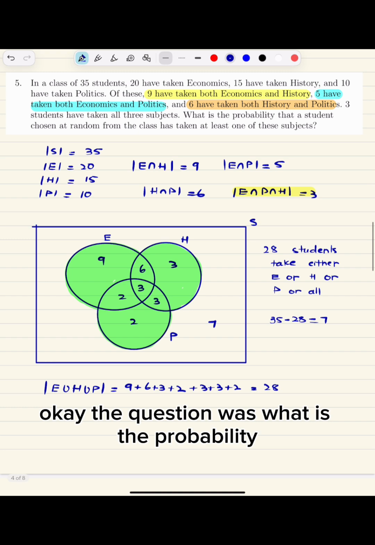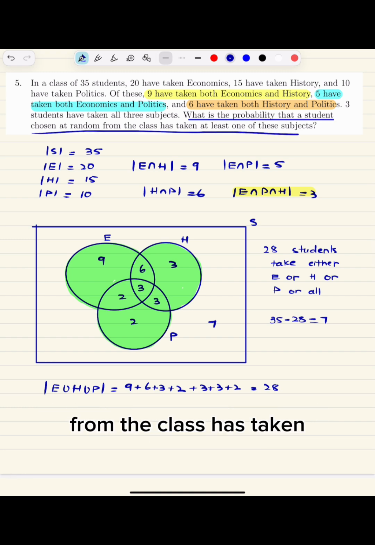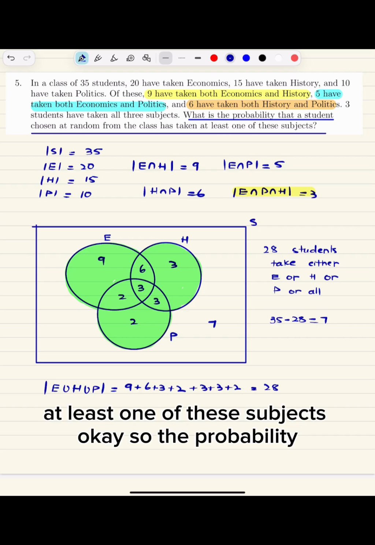The question was, what is the probability that a student chosen at random from the class has taken at least one of these subjects?